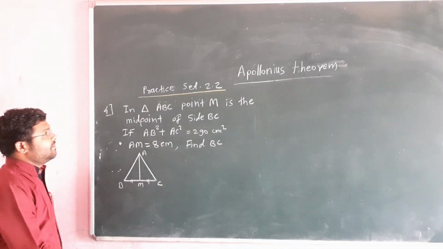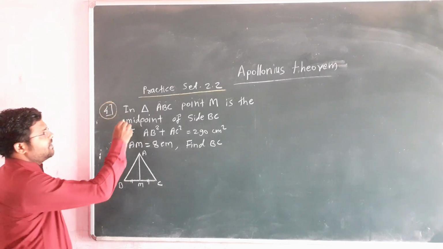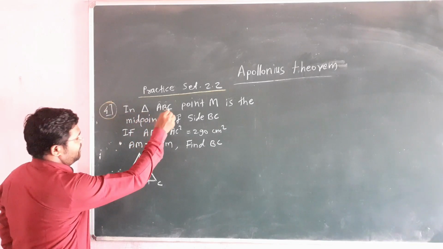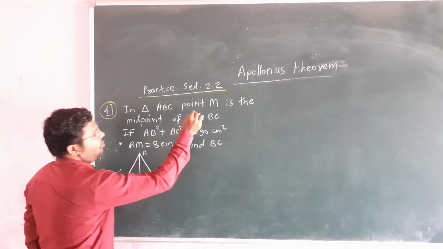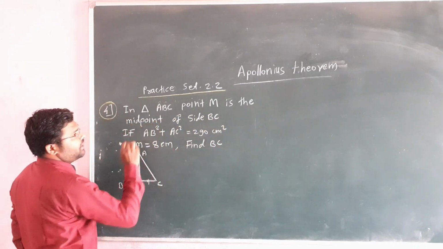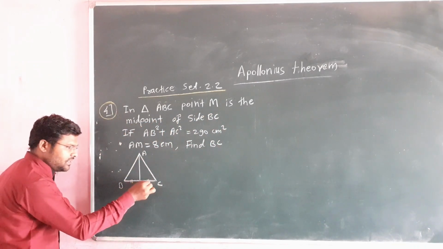Now practice set number 2.2, example number 4. In this given example, we draw triangle ABC. Point M is the midpoint of side BC, that means BM is equal to CM.